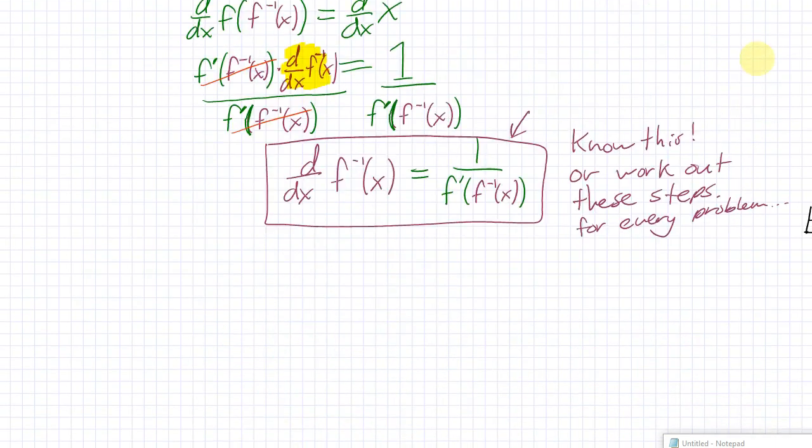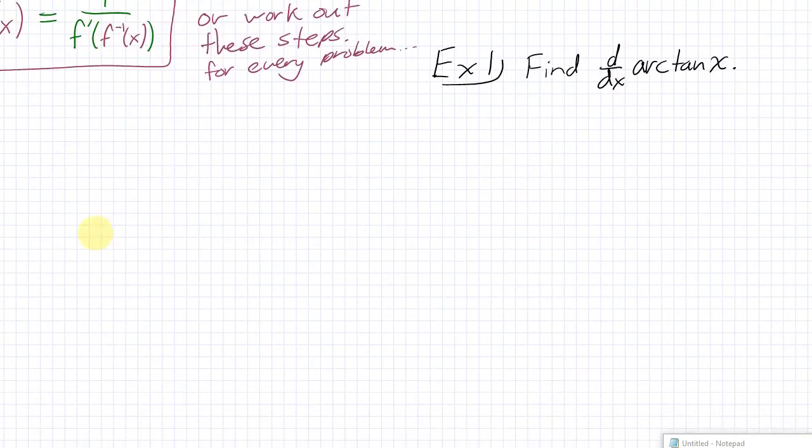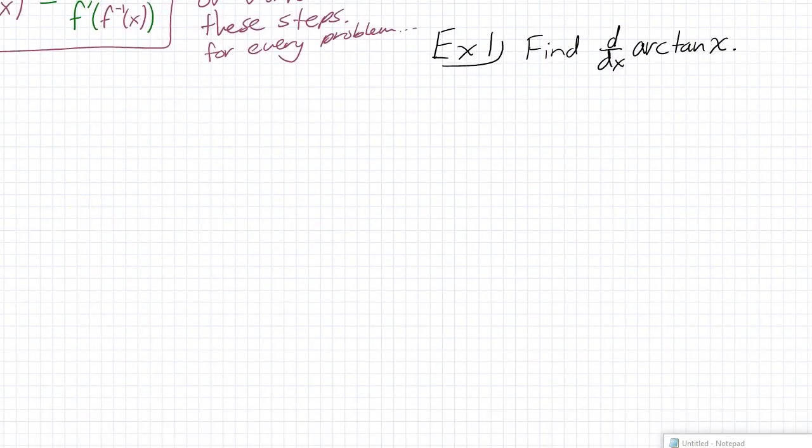Okay, so let's go on to a couple examples of how to actually do this. So there's the one way to do this with arctangent. Arctangent, by the way, is an alternative notation for tangent inverse. So the one way to do this is just using the rule.